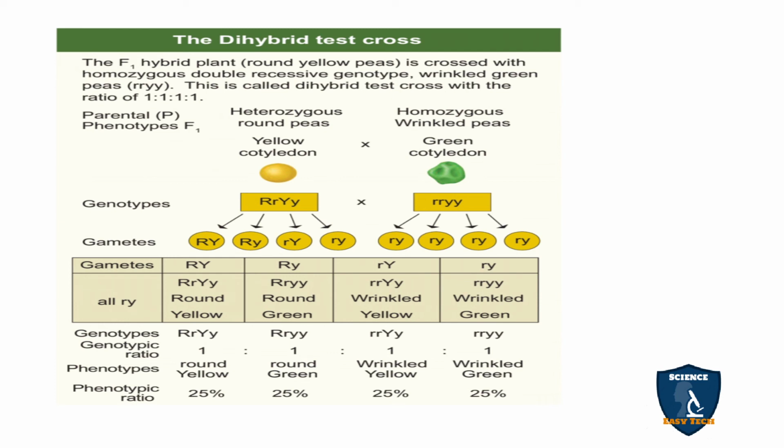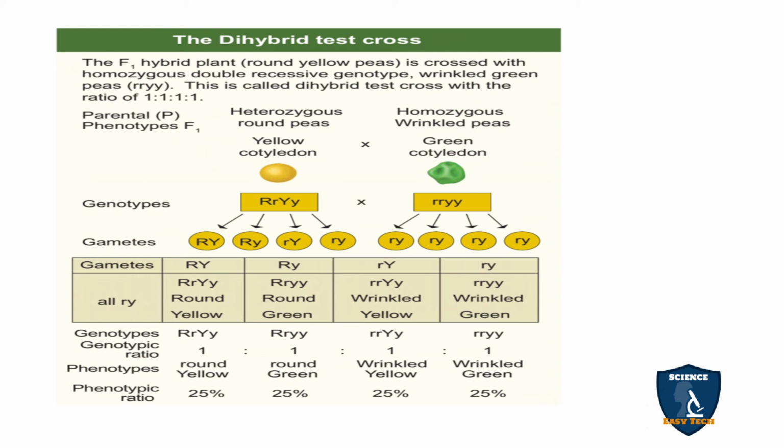So in the F1 generation, you will get gametes of capital Y, small y, capital R, small r. On one side you are getting these type of gametes, and on the other side you are getting this type.